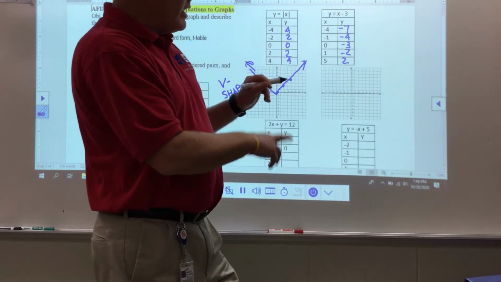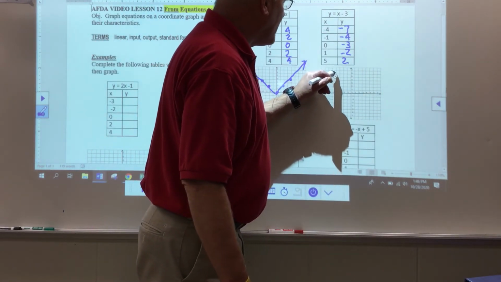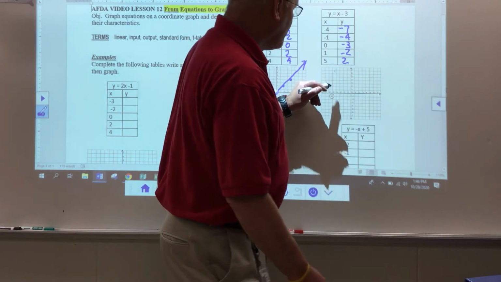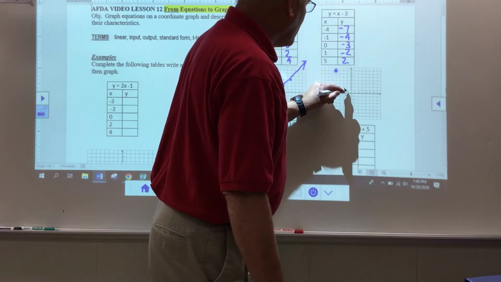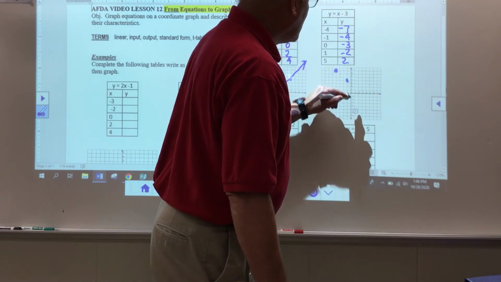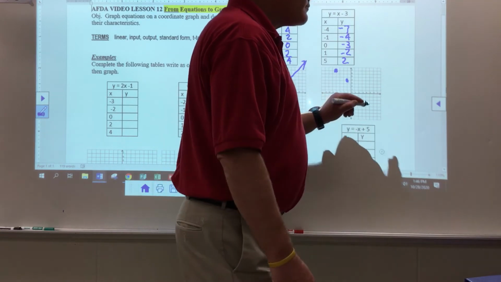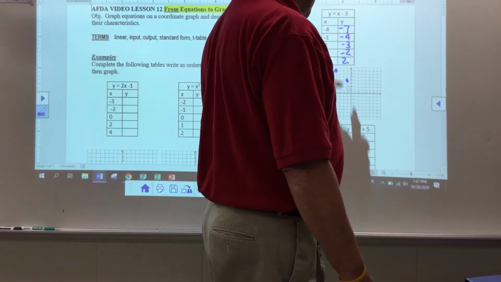Let's graph these points here real quick. -4, 7 is way up here, I think. -1, 4 is right up here. Oh, I got -4, -7. I'm sorry, that's -7.